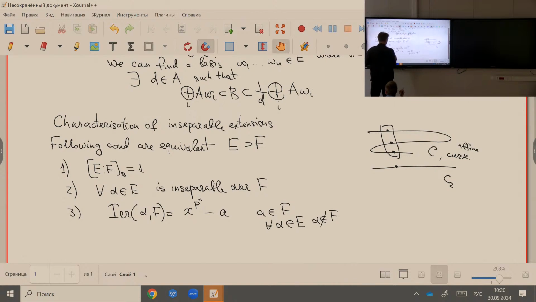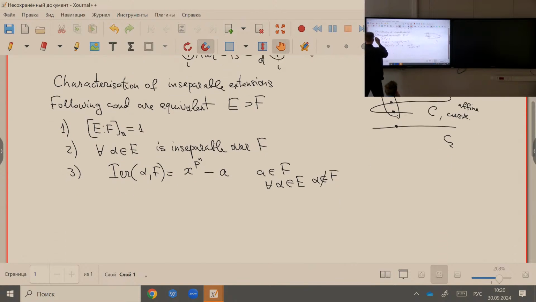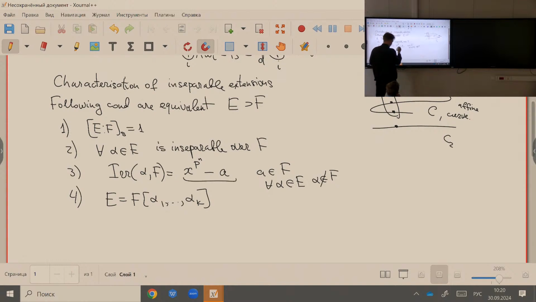And the last claim is that you can obtain E by taking elements, adding elements which are just the p-th power, some roots of the polynomials that are precisely of this form.